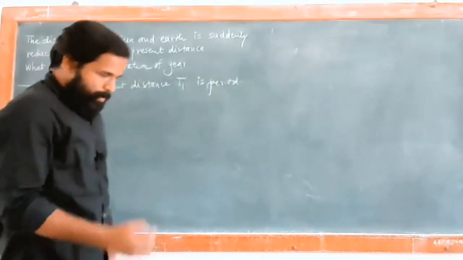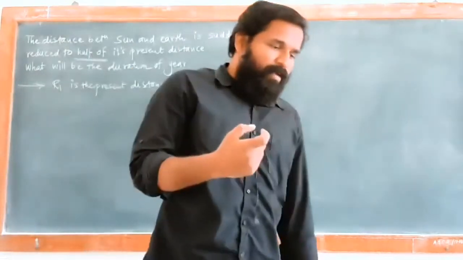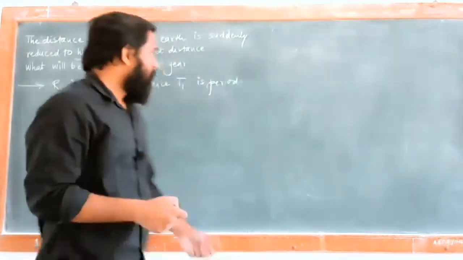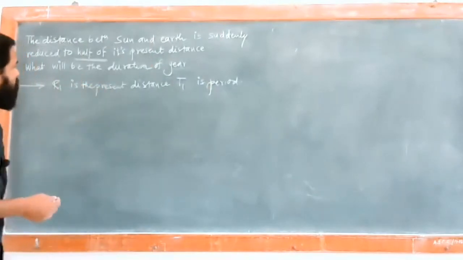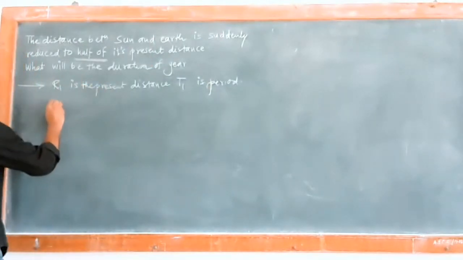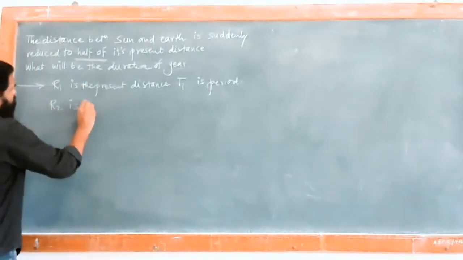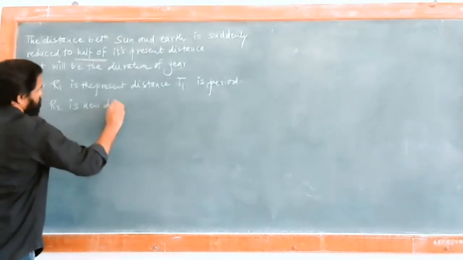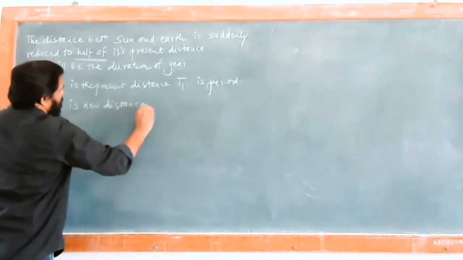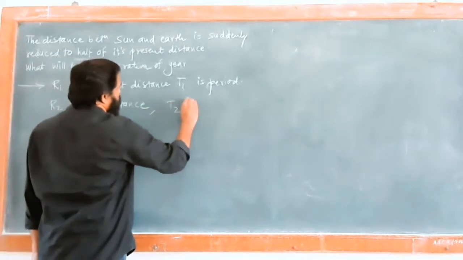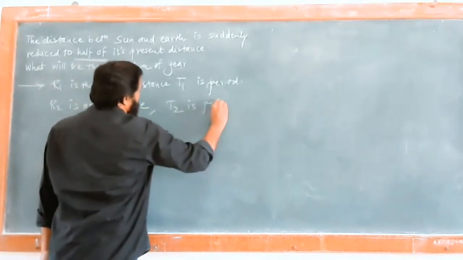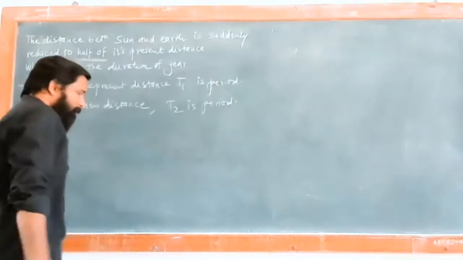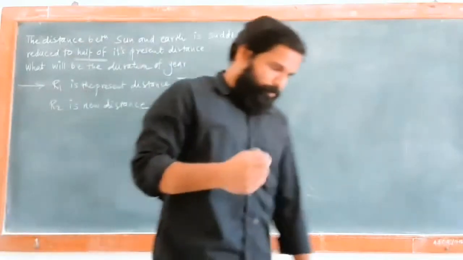Okay, let's consider t1 as the period of 365 days, and r1 as the distance between the two. Let r2 is the new distance, and for that t2 is the period. That is the period of revolution.